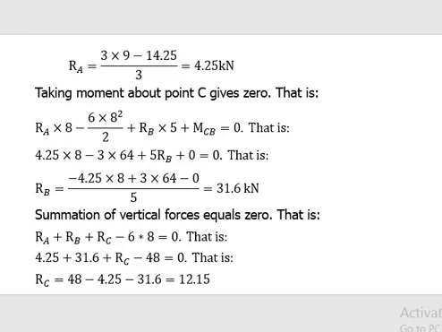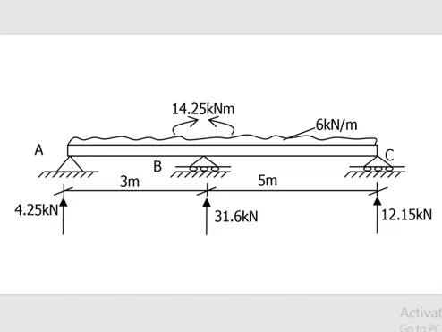Now, we've got RA and RB, and RC is remaining. So we're going to use summation of vertical equilibrium of forces. That is RA plus RB plus RC minus the applied load equals 0. After doing that and simplifying, we got RC to be 12.15.